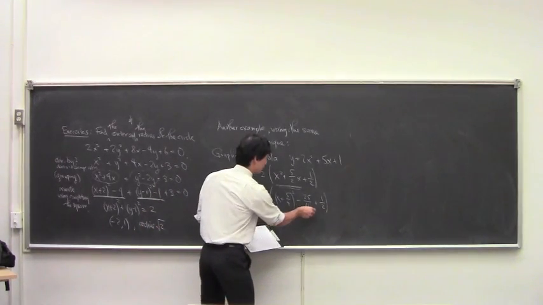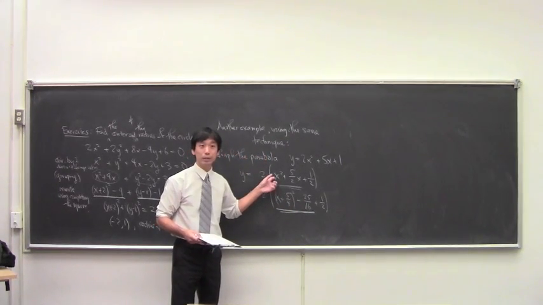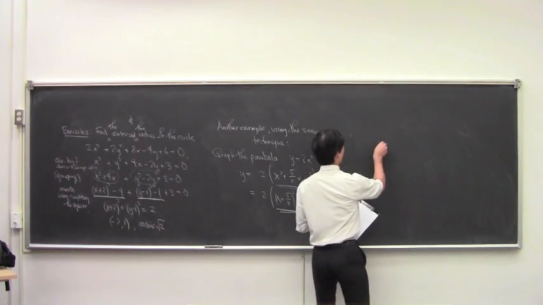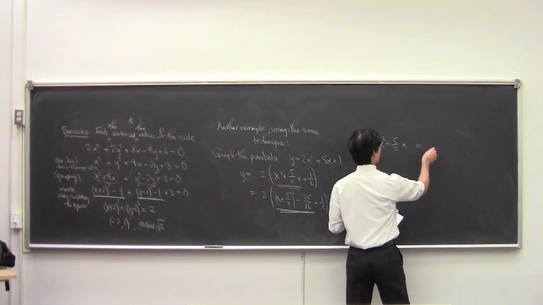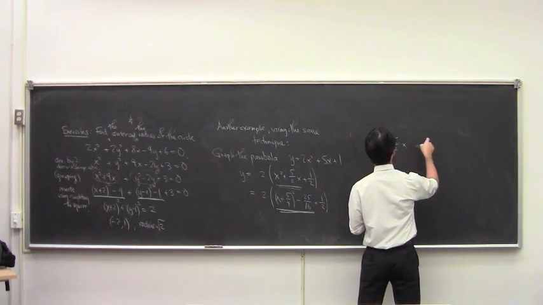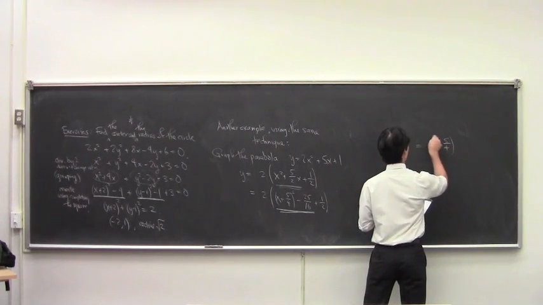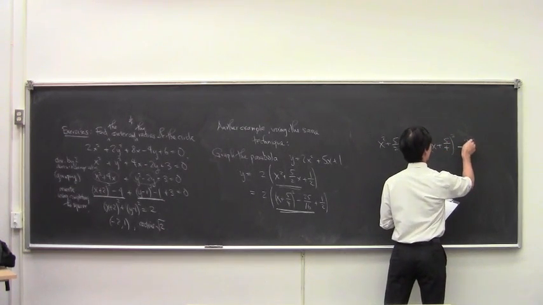So the things that are underlined are equal to each other. I hope everybody got that. You've got your x squared plus 5/2 x, and you write it as x plus 5/4 quantity squared, and then you subtract off the square of this thing, like 25 over 16.